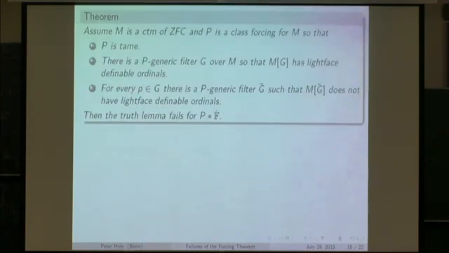And this is a trivial consequence of the following theorem. The theorem says that if M is a countable transitive model of ZFC, and P is a class forcing for M, where P, when we want to prove the main theorem from this theorem, will be the two-step iteration that I just mentioned, which preserves the axioms of ZFC, such that there is a generic filter for this forcing such that the generic extension has light-face definable ordinals, which means all ordinals are light-face definable.